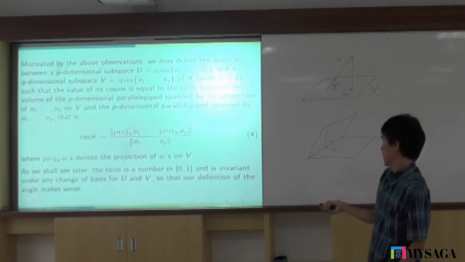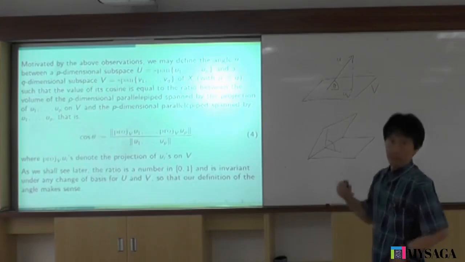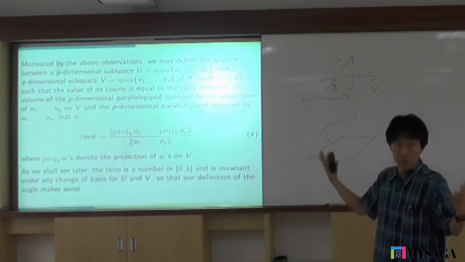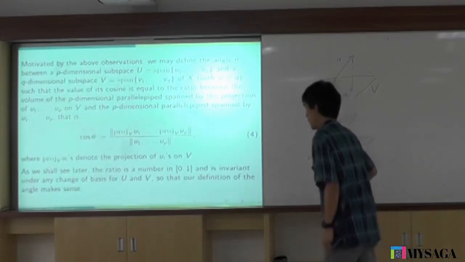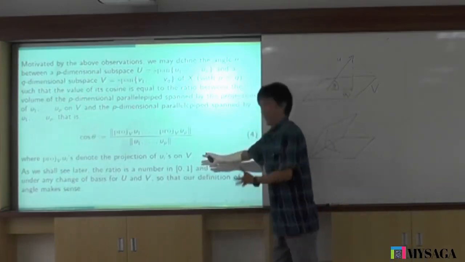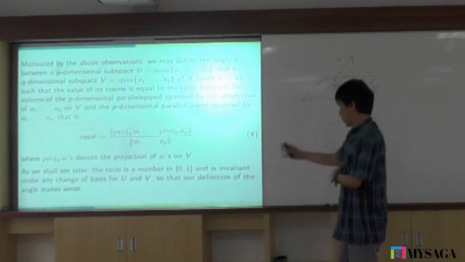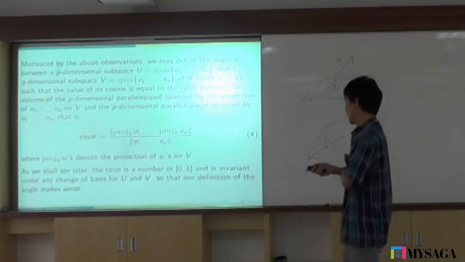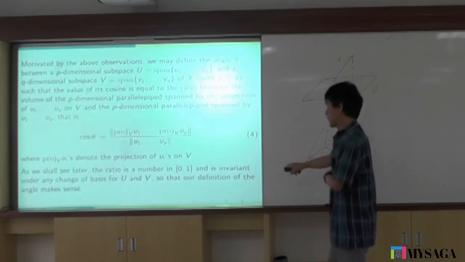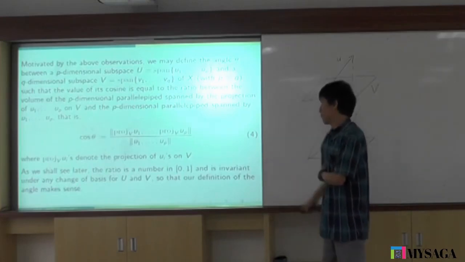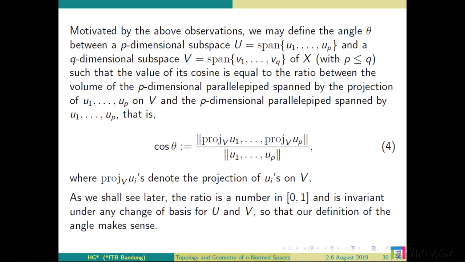We have to make sure that the ratio is a number, but intuitively it should be a number between 0 and 1. It's not negative, it cannot be larger than 1, but of course we have to prove that. And it is invariant under any change of basis for U and V. And that's also important for the notion of angles.